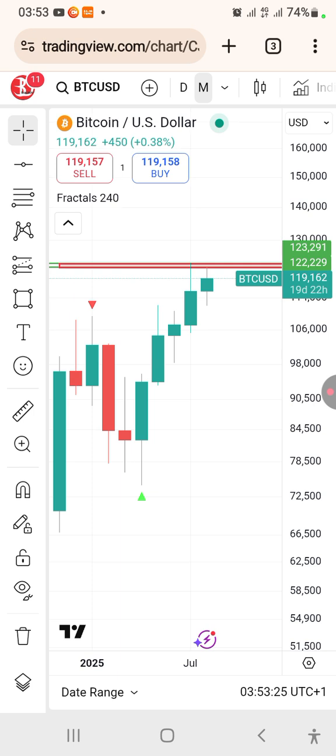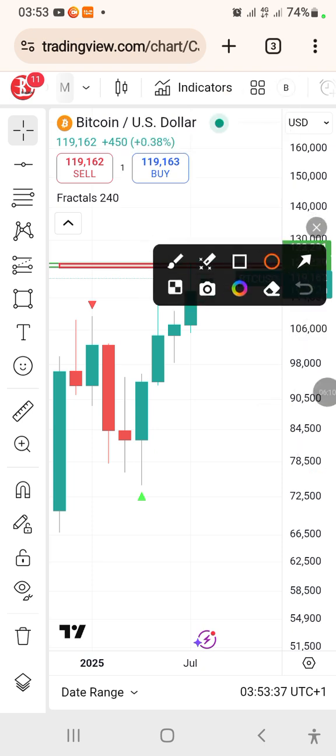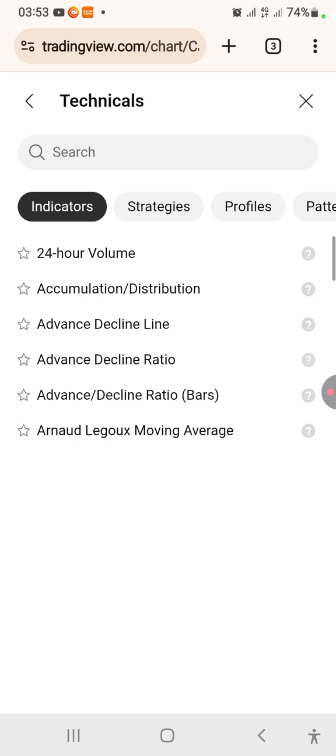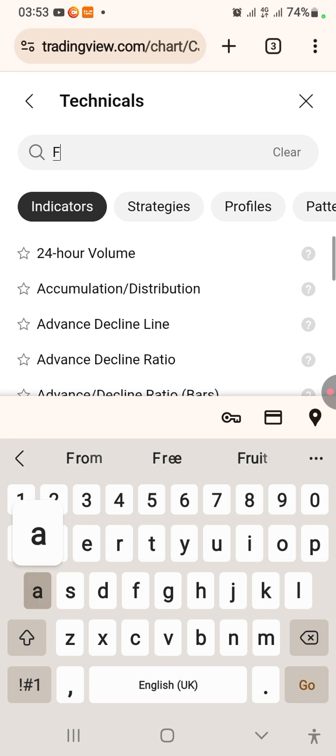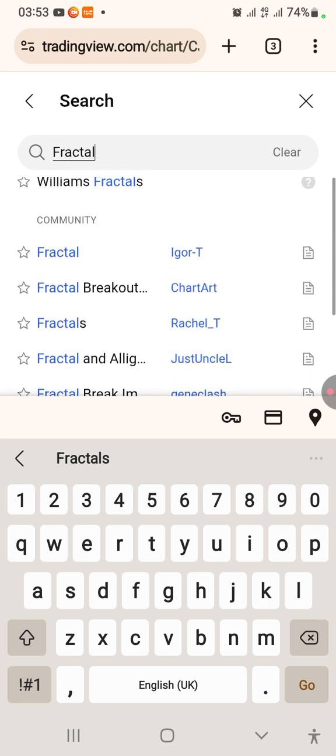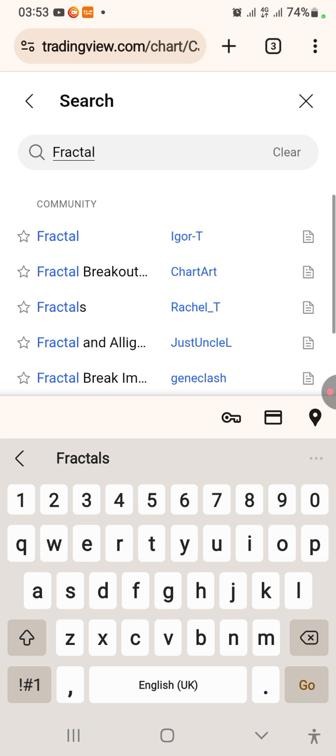That is where you now know how I got it. Okay, you go to your indicator, click on the indicator icon. When you click on it, you type fractal on the sidebar, fractal. So you will now click on the one by Rachel.